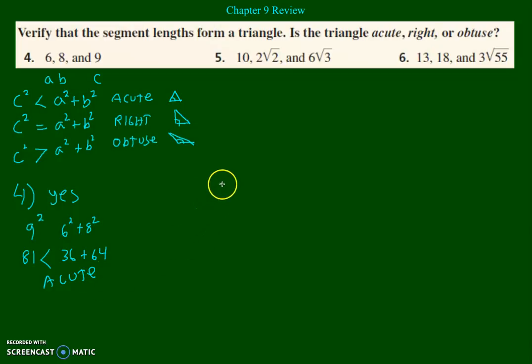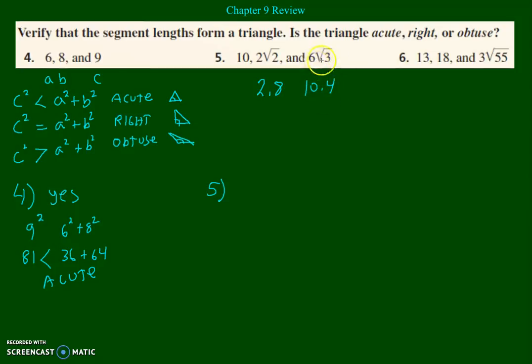All right, let's do the same thing for problem 5. This one's not quite so easy because we don't really know right off the top of our heads whether this is longer than this or this is longer than this. It would appear that this is the longest side, but let's just check in our calculator. So I've just written down that this one is approximately 2.8 and this side is 10.4.